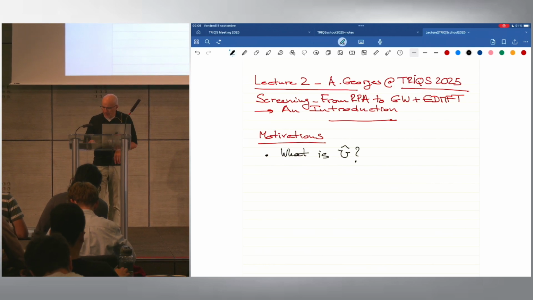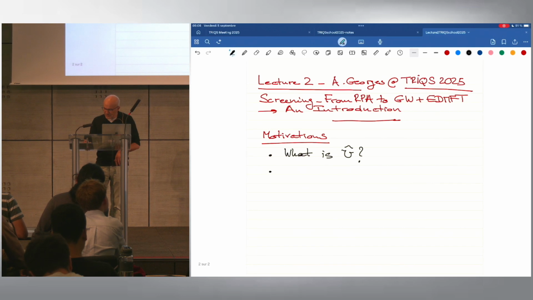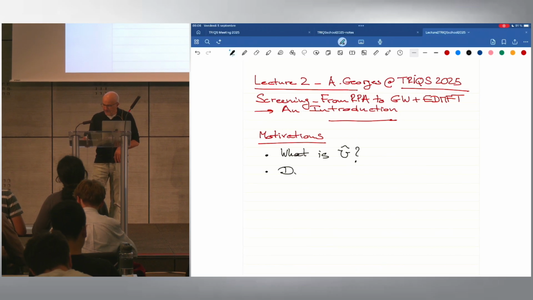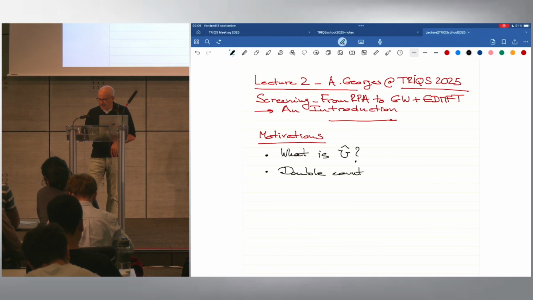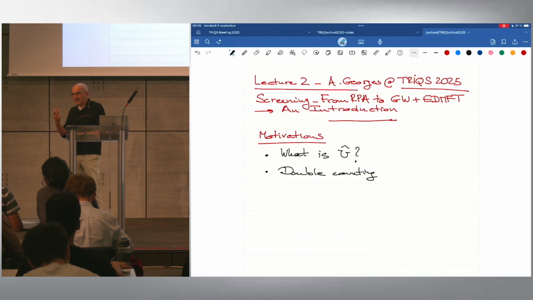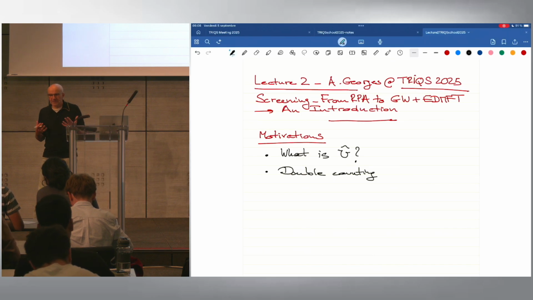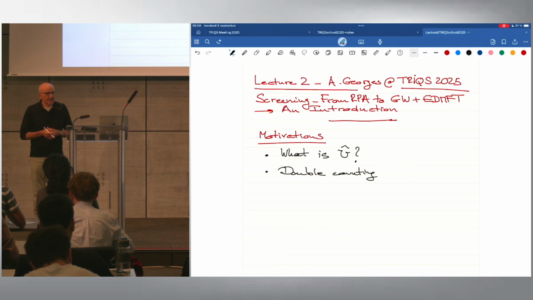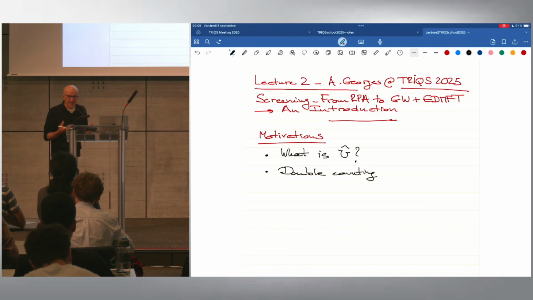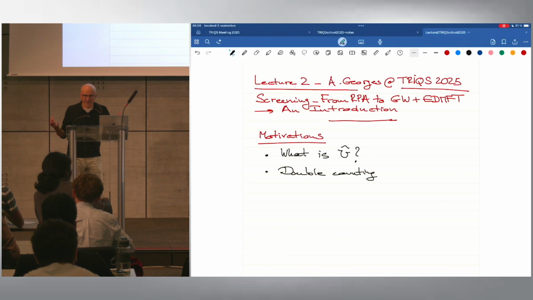And the second problem is the infamous double counting. You remember that when we marry together DFT and DMFT, we are really putting together two theories that come from very different perspectives. You could say they even come from very different planets.